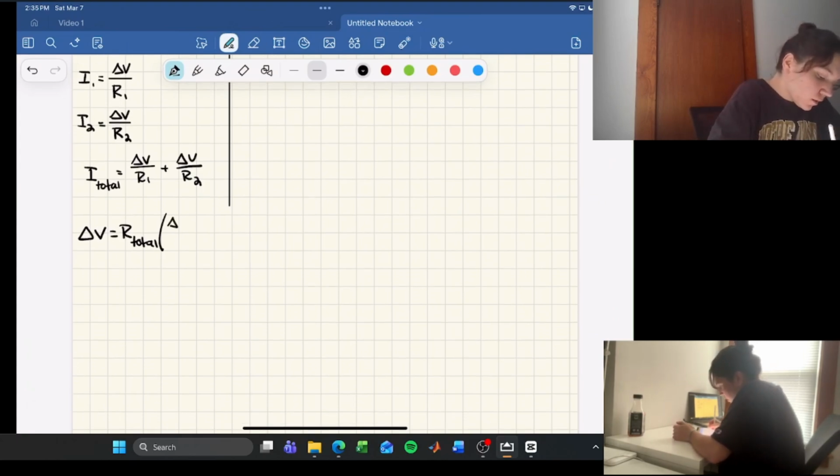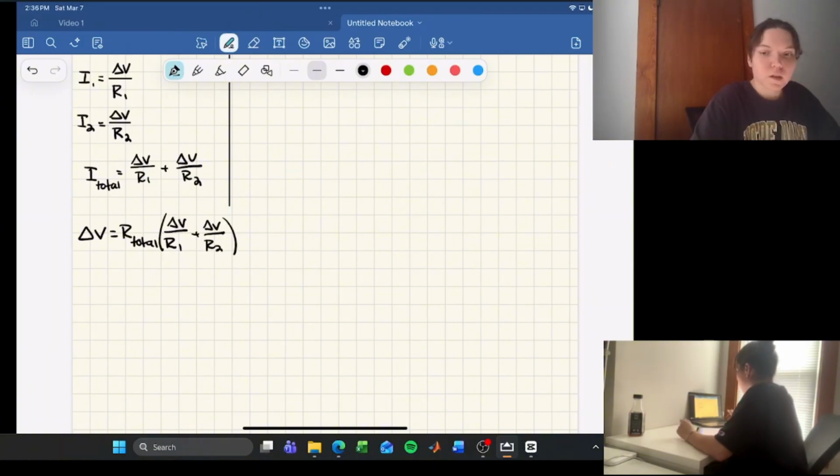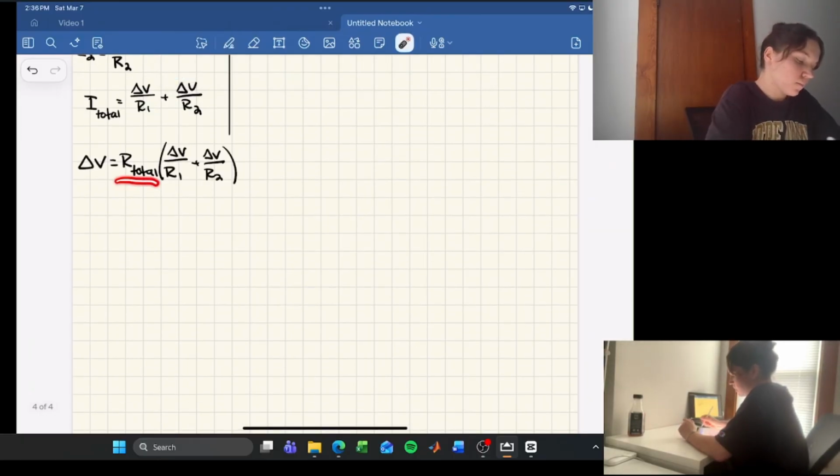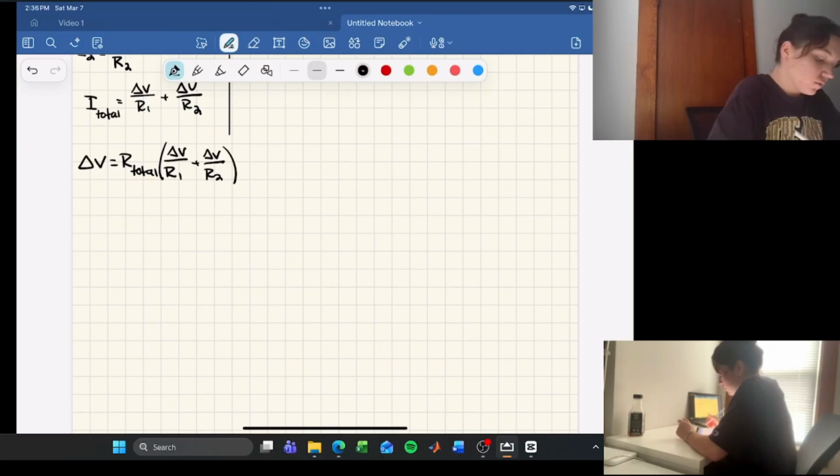That's going to be what we just said: the change in voltage over resistor 1 and resistor 2. And we want to find what the total resistance is. So we want to find this. So let's factor out the change in voltage.